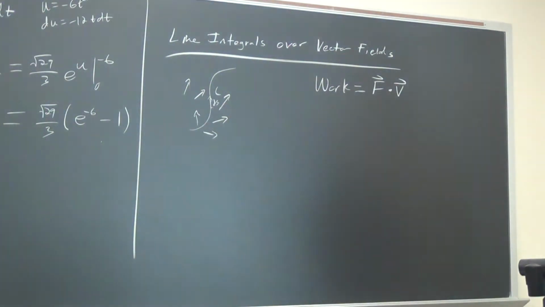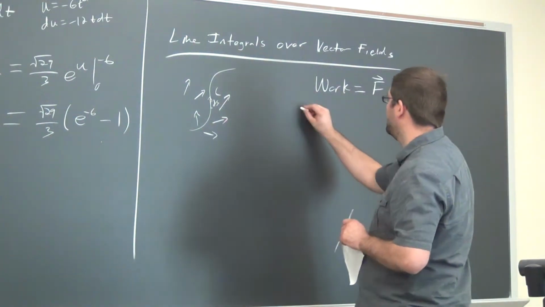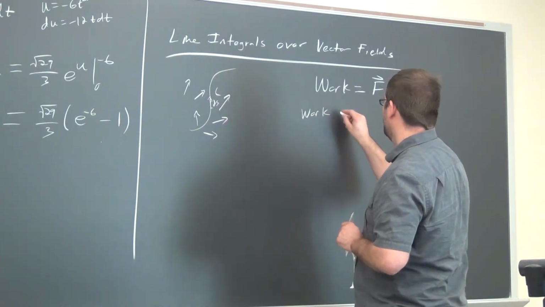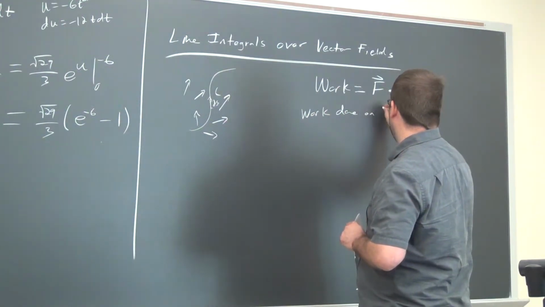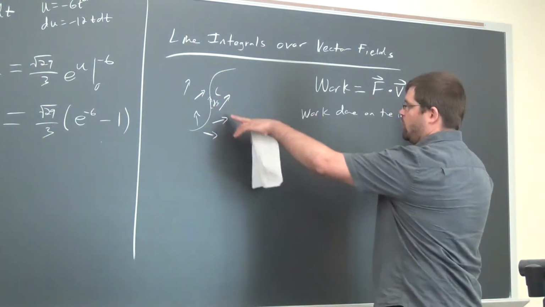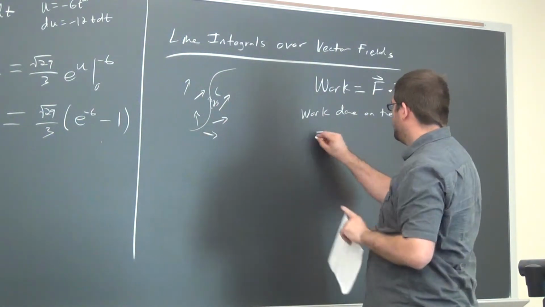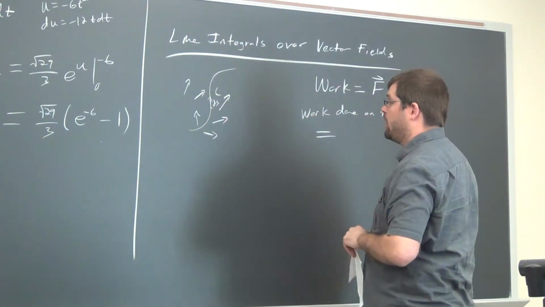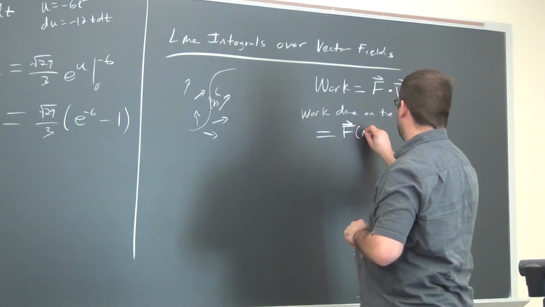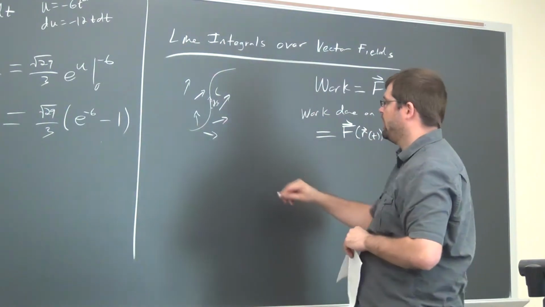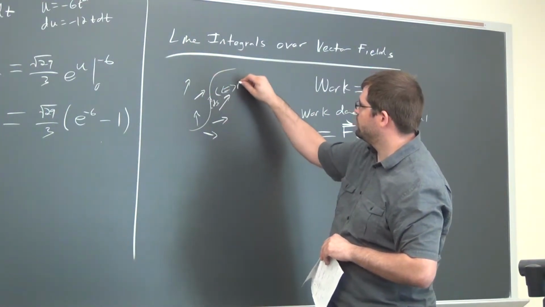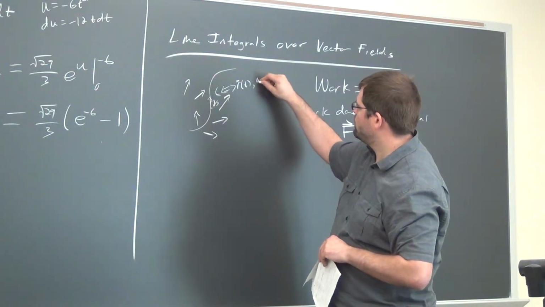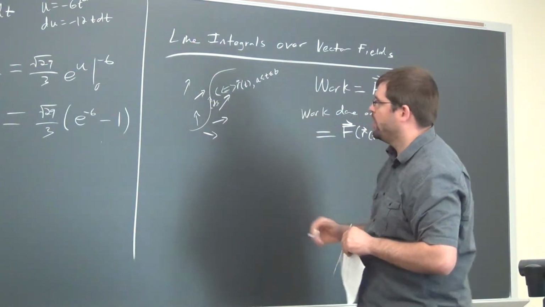And then you assume you're going in a constant direction there. You probably want to employ the unit tangent vector there. Let's just say this. So the work done on this little interval right here should be the force at the point you're at, okay? So again, we're assuming this C corresponds with some parameterization r of t from a to b, okay?